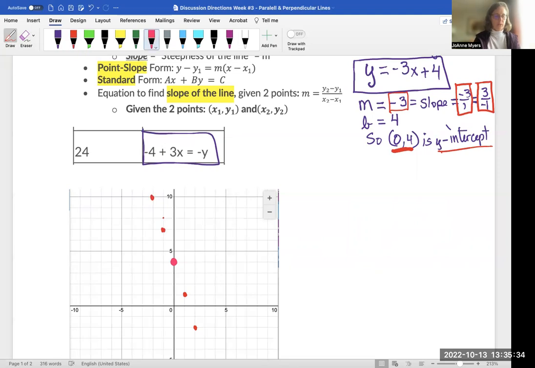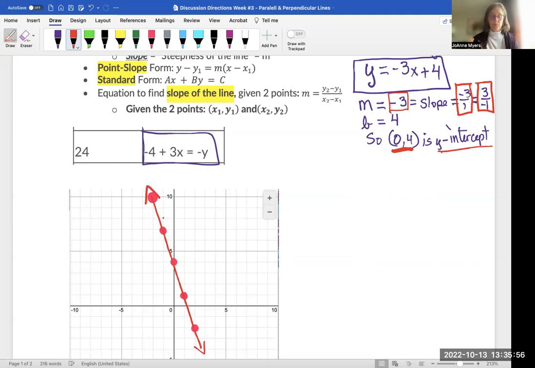So all of these points here are xy pairs that make my equation true. I know all of the answers, all of the x, y solutions to that equation will be all of the coordinates that lie on that red line.